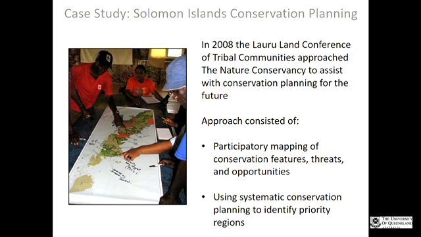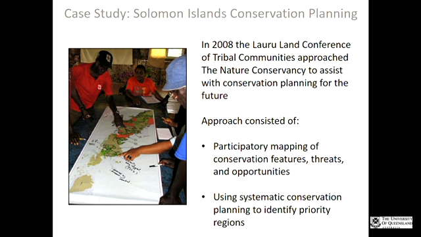Some of the initial aspects of GIS were really about trying to map values. This project came from an approach by the Land Conference of Tribal Communities in the region to the Nature Conservancy, a large global NGO focused on conservation, to assist them with conservation planning.